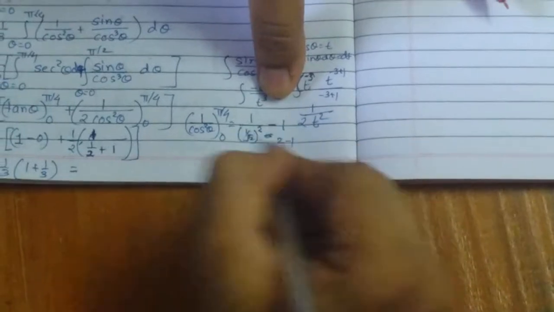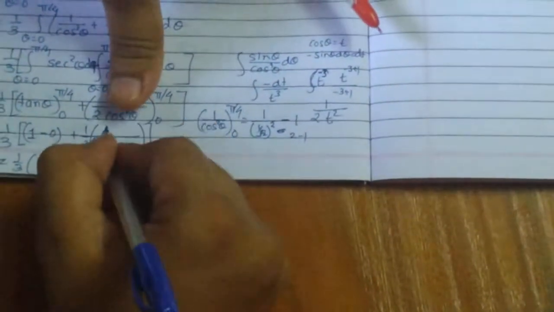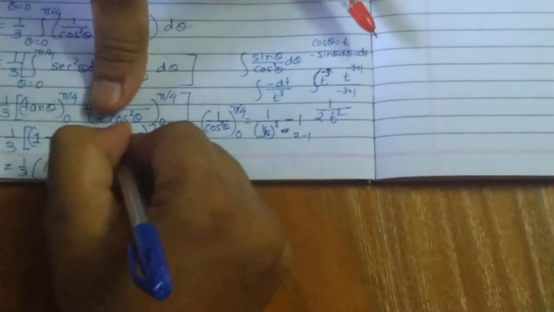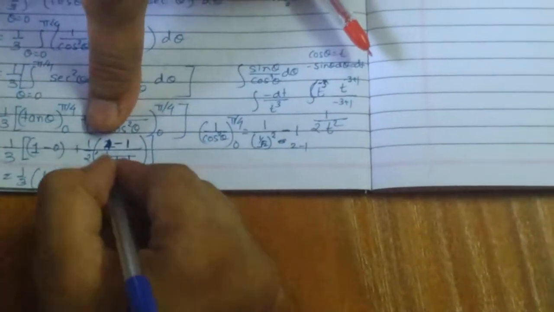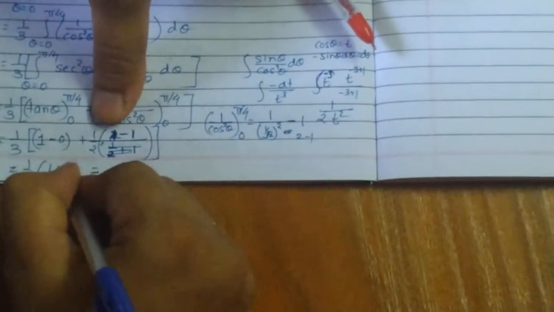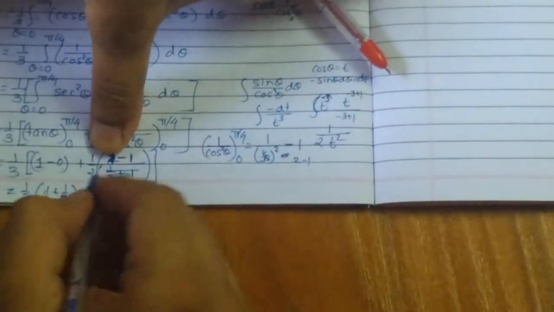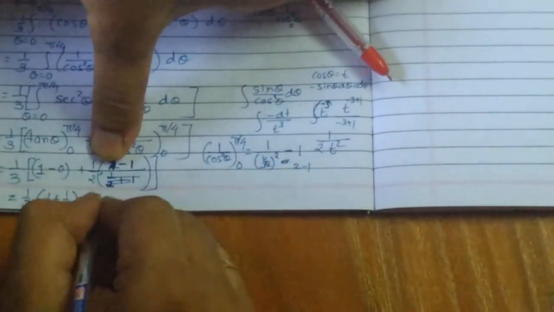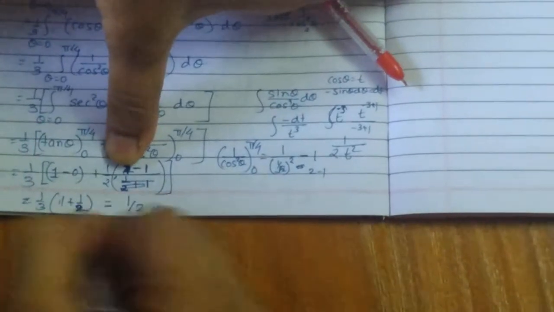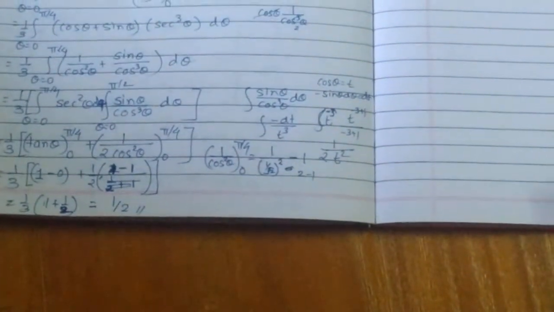So this becomes 2 minus 1. So here we are adding 2 minus 1. So here it is 1 by 2. So hence this is 1 plus 1 by 2, that is 3 by 2. Hence answer is 1. Okay.